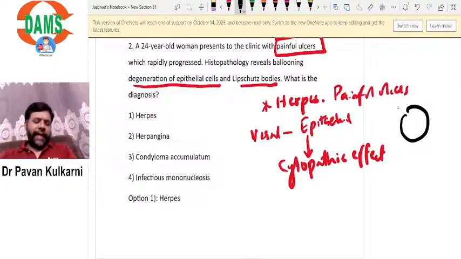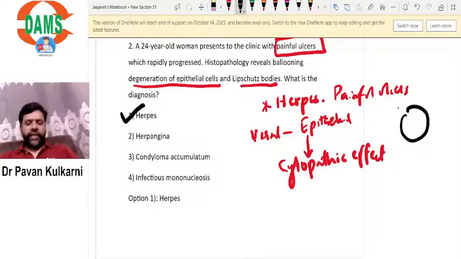Based on that, the diagnosis is herpes. Always remember, the question itself will most of the time give you the answer. Painful ulcers and the presence of ballooning degeneration of epithelial cells, that is balloon cells, and Lipschutz bodies are characteristics of herpes.